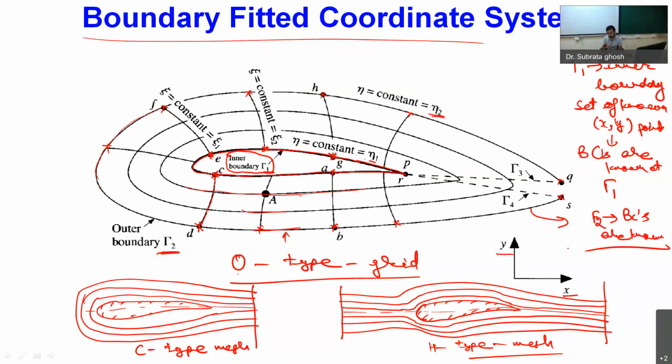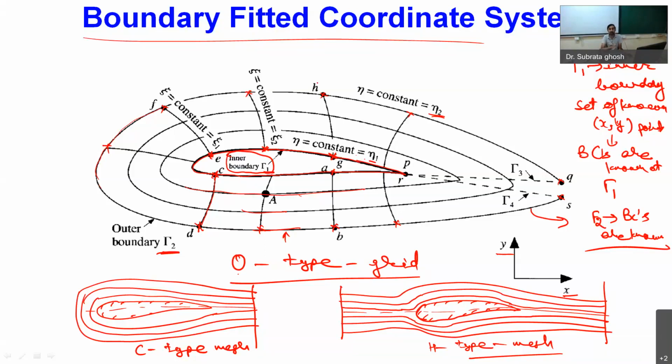If we see it mathematically, it becomes a situation similar to that of elliptic partial differential equations. This is one very, very important point. What I am trying to say is that for this surface gamma 1, which represents the inner boundary, we know all the values of coordinates.